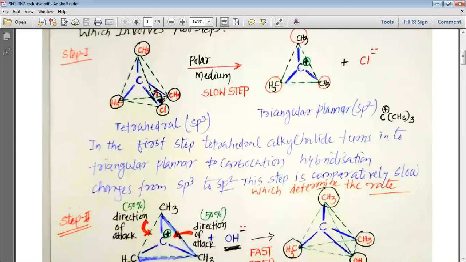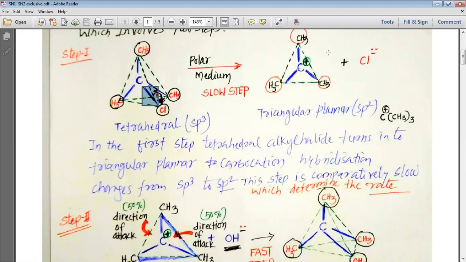You can see here I have tried to show you that the chlorine leaves this compound by taking the electron of this bond. The electron of this bond is being taken away by chlorine, and chlorine moves itself as a Cl minus chloride ion as a leaving group, and we get a triangular planar sp2 hybridized carbocation.